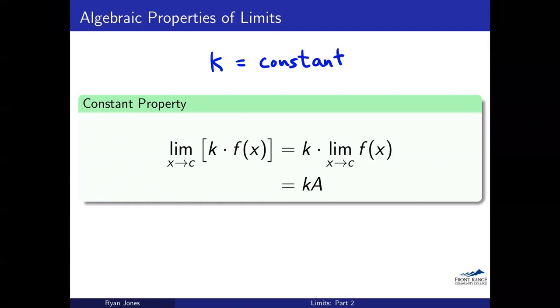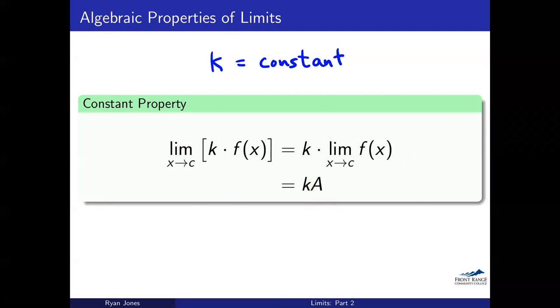If I ever gave you a limit where you had the limit of a function being multiplied by a constant, you're allowed to pull that constant out front. That's what I've done right here. I've taken this k and pulled it out front, and now I just have that limit of f of x. And like we said on that last slide, I'm going to call that a, just for shorthand.